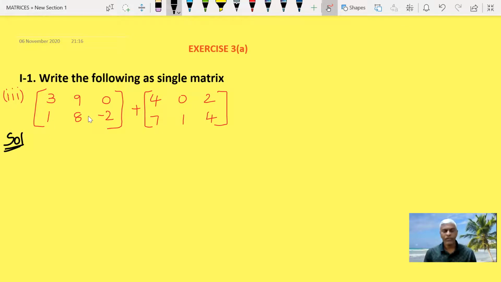So first, what is the condition for addition? Both matrices should be of the same order. Here, the first matrix is of order 2 by 3.